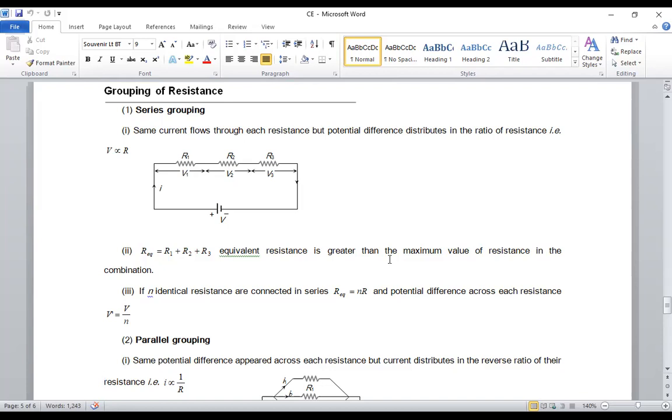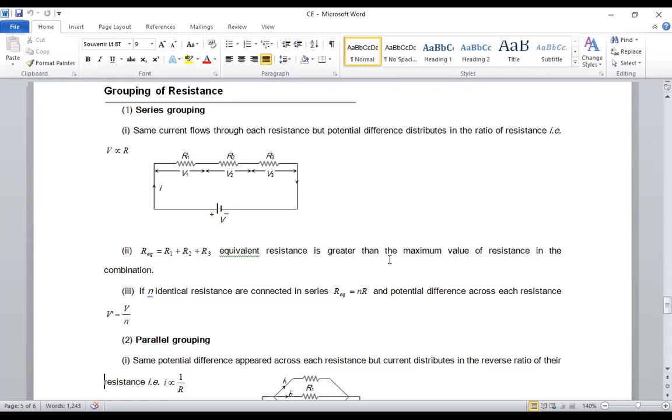In series combination, you have to remember, suppose you have 3, 2 or 4 resistors connected, however many resistors are connected in series, the current passing through that circuit will be the same. That you have to remember. But what about the voltage?